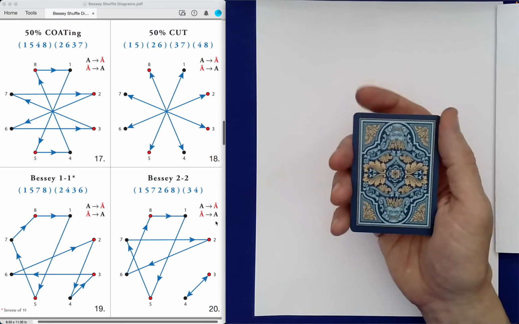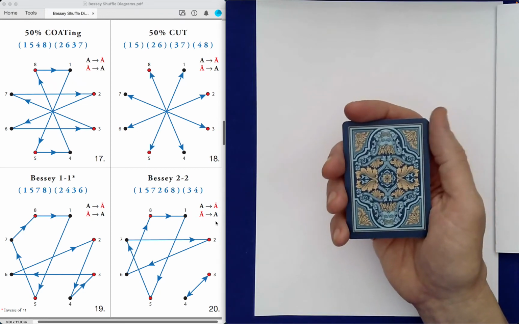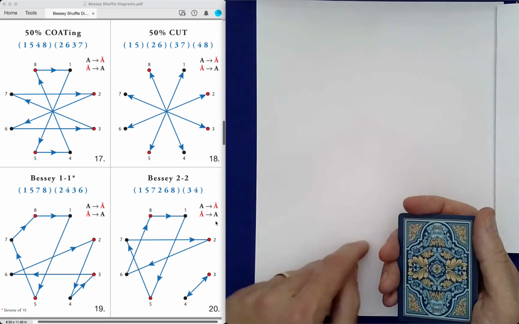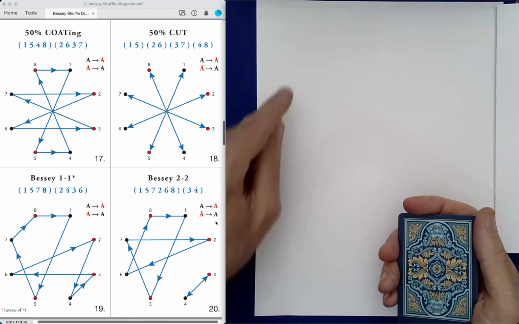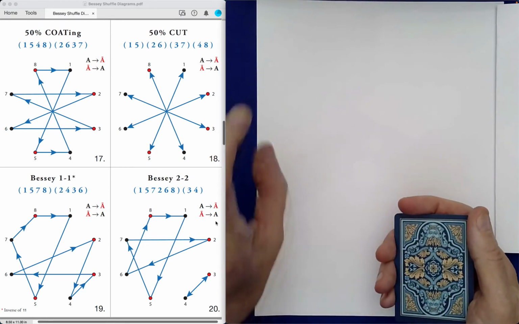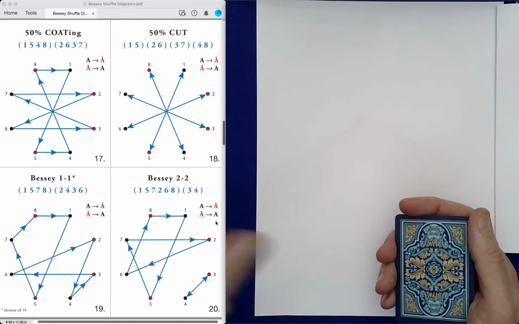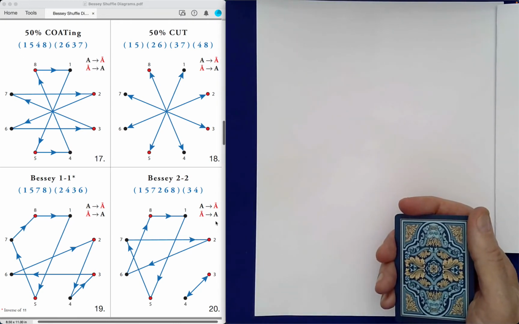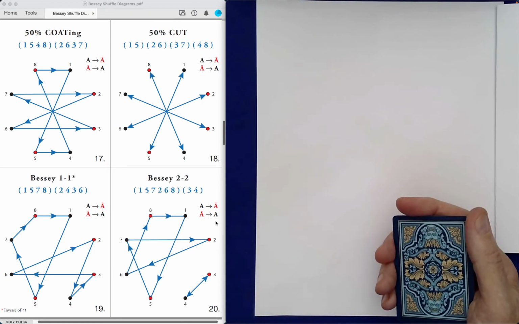Okay? So the way that I did it, if you remember, how I finished it was I actually did the triangle deal. Okay? And what that does is it undoes a Bessey sequence back to these two blocks of four cards, one on top, one on bottom, and those two sets of four cards are the ones of interest to us. Okay? That's one way to do it.